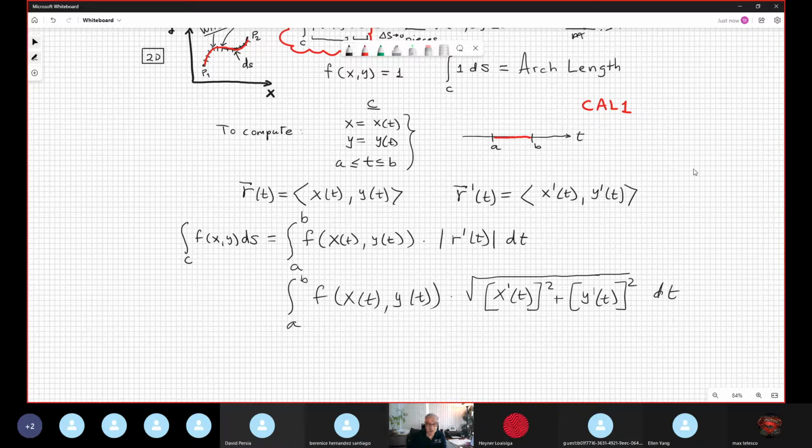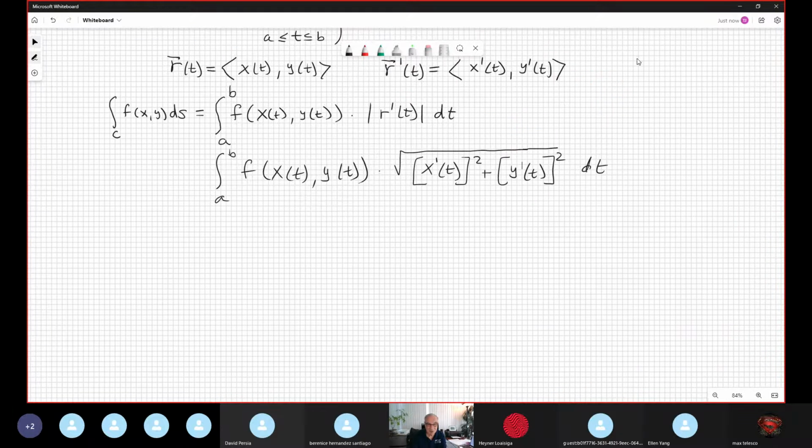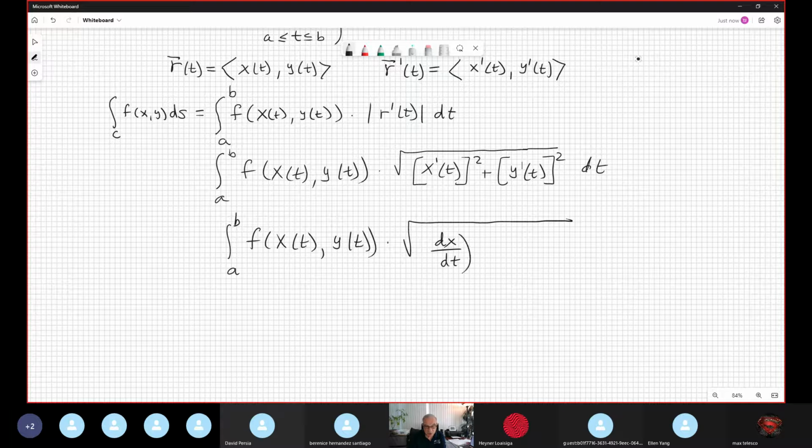Maybe in this moment you don't remember very well because the majority of teachers explaining Cal 2 write the formula in another way. When I explain Cal 2, I explain in this way. Look, instead of this, you put dx/dt using the Leibniz notation, no? Squared, plus dy/dt squared, dt.